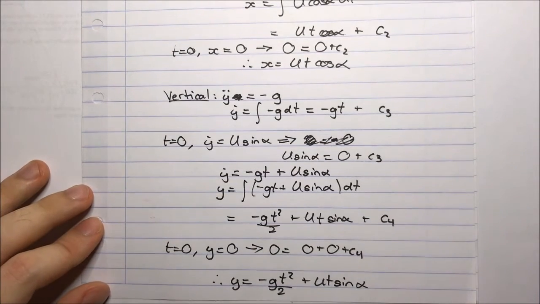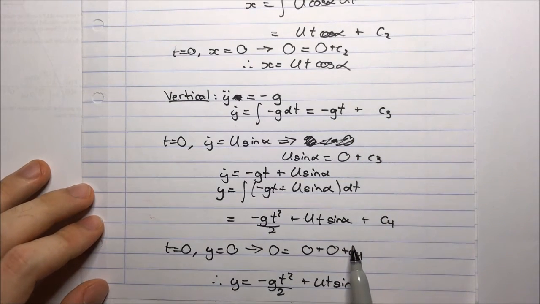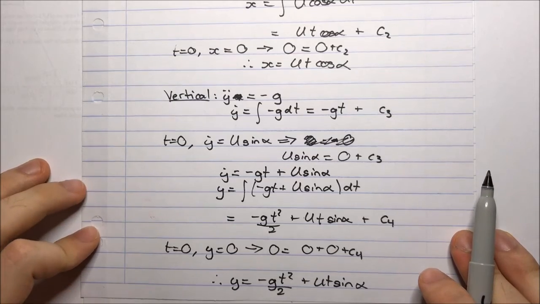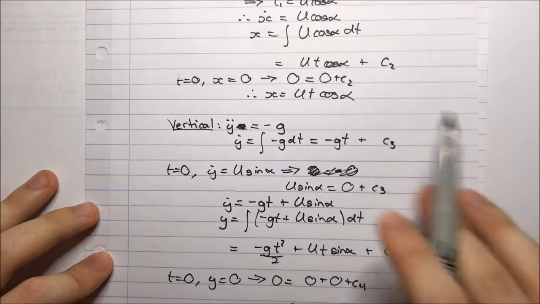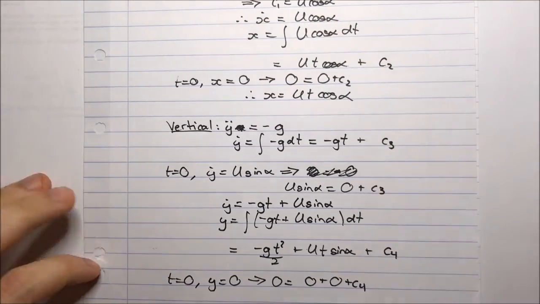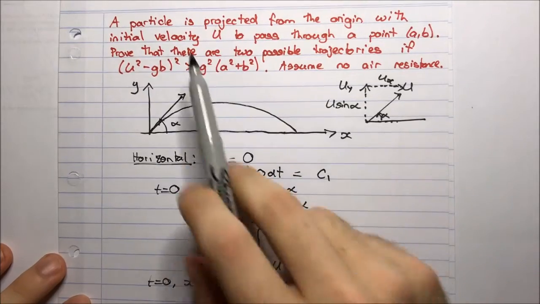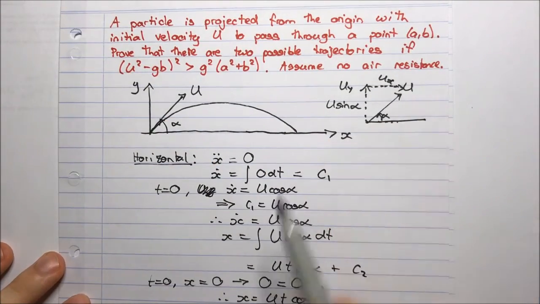And hopefully these would look familiar to you. Usually you're given these in a question, but in this question we're not given them, so technically we need to derive them from first principles. So that was just deriving them, and let's see where we go from there. Now, the question says that the particle passes through this point a comma b.